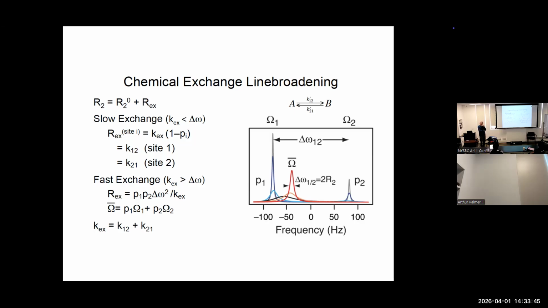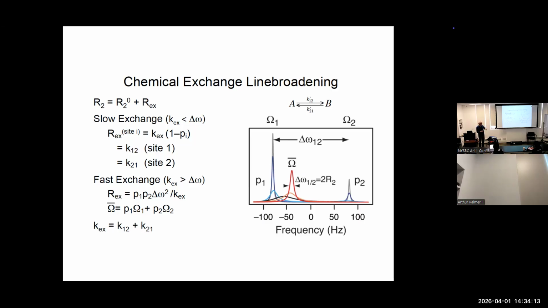But once we're not in fast limit, then the equations separate the populations from delta omega. So actually being out of the fast limit has more information content than being in the fast limit. So we would actually now try to manipulate the system, changing the temperature, etc., to try to get out of the fast limit.